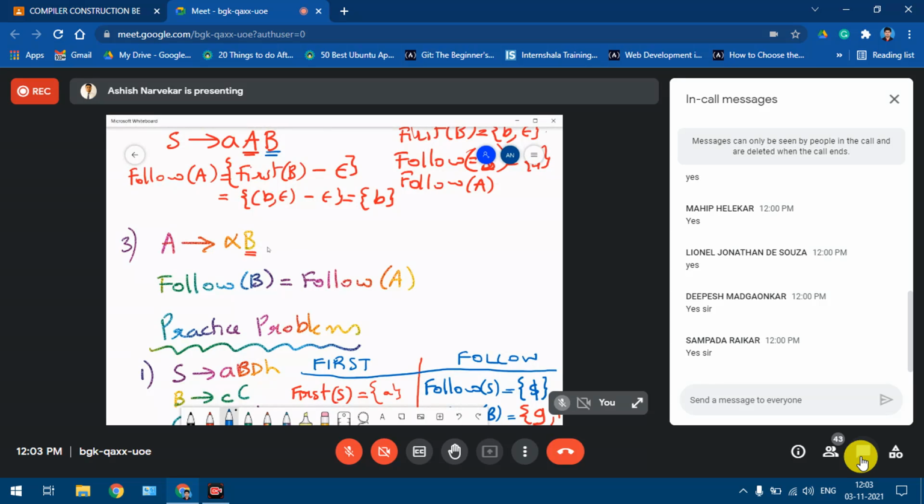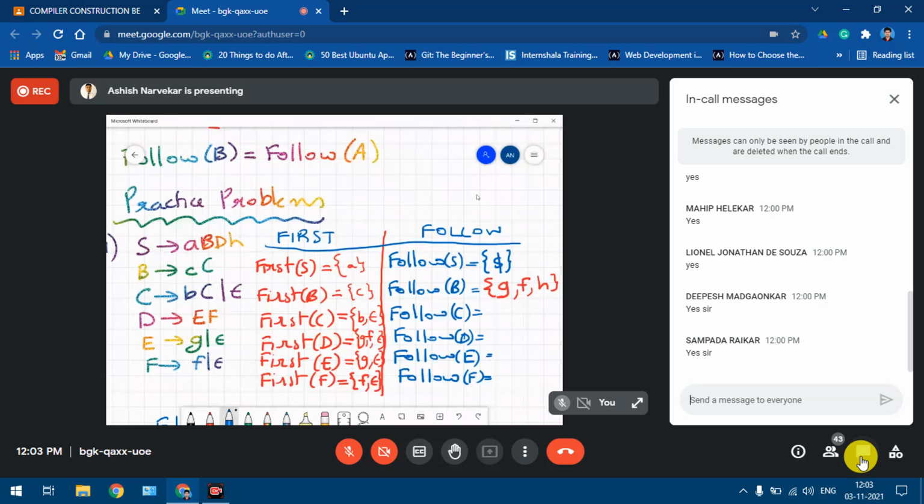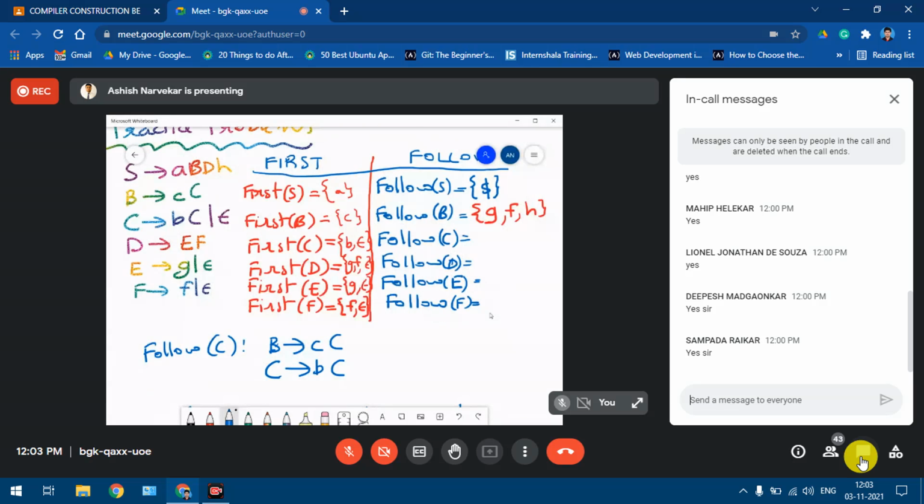So when the non-terminal whose follow is to be computed is the last symbol on the right hand side, its follow will be equal to the follow of whatever appears on the left hand side. Based on this rule, the follow of C that we are trying to compute will be equal to follow of B. Follow of B we have already computed, so follow of C will be equal to G, F, and H.